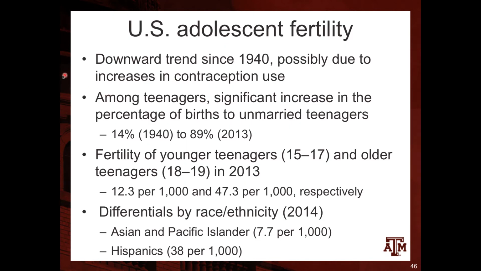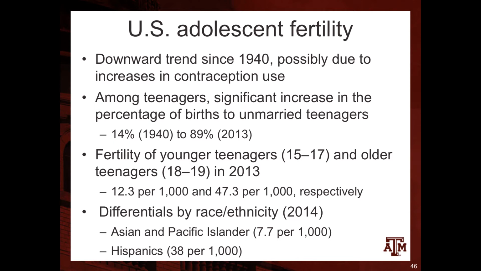So in the specific case of the US, the adolescent fertility rate has been experiencing a decline since the 1940s, and that's usually related to increases in contraception use among women between 15 and 19 years of age. And among teenagers, there was a significant increase in the percentage of births to unmarried teenagers.